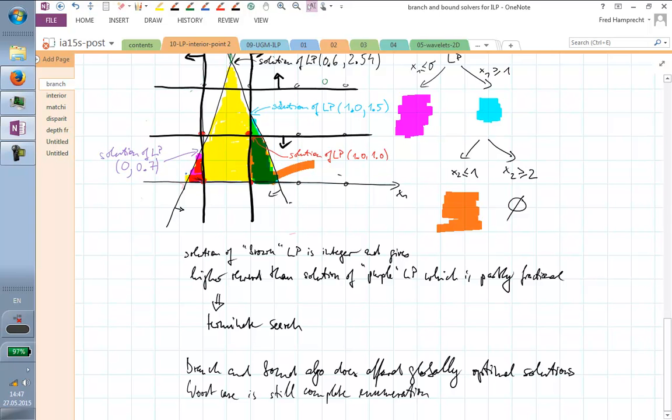Now imagine if you have millions of variables and so on. So this is why solving linear programs quickly is so important, because we need to do it many times in such a search tree. And this is also why, in the worst case, things will take longer than your lifetime. So this is why integer linear programs are hard indeed.